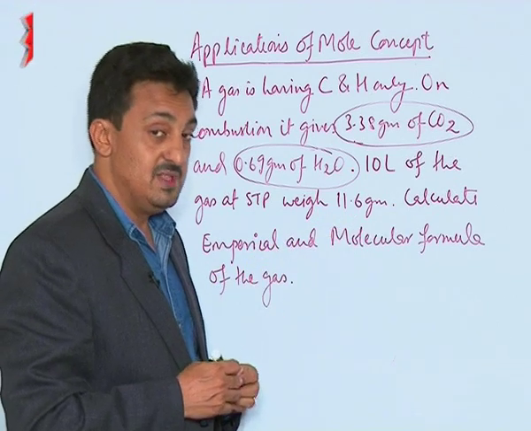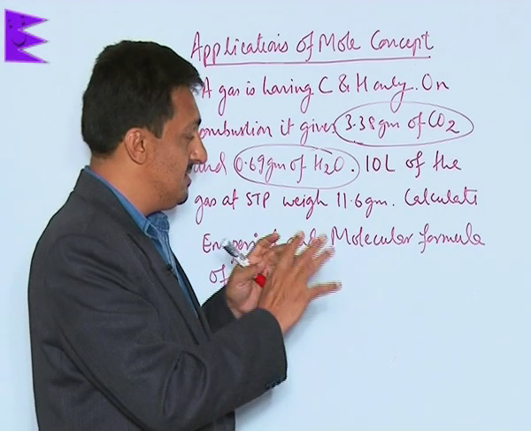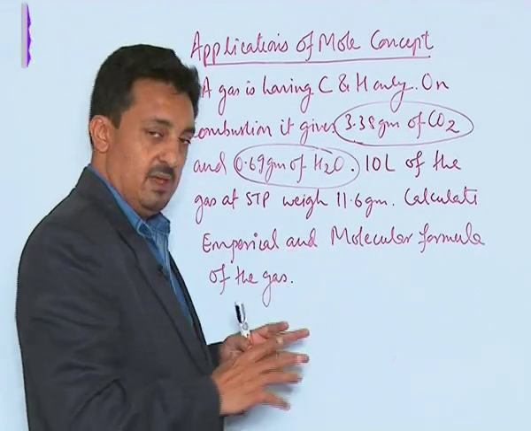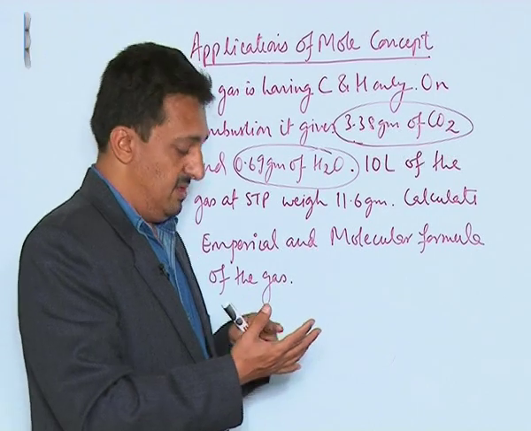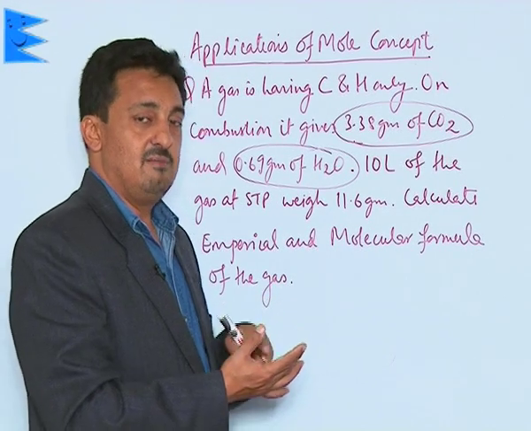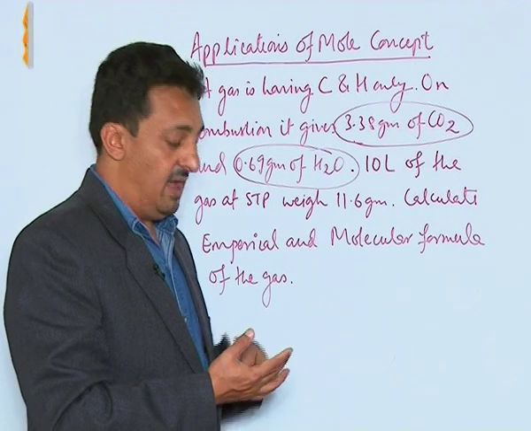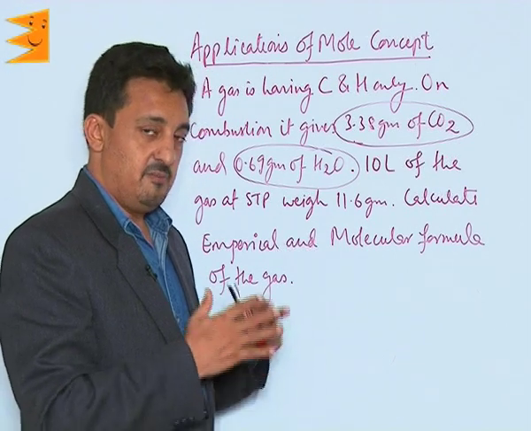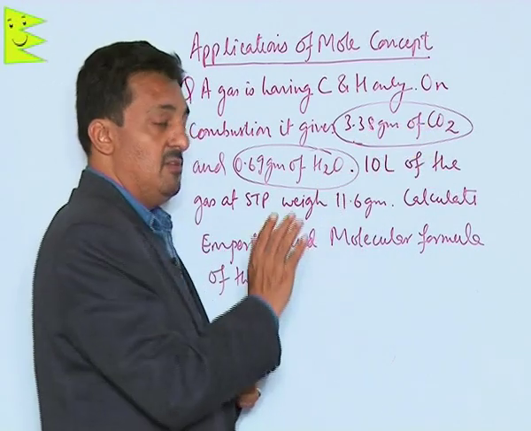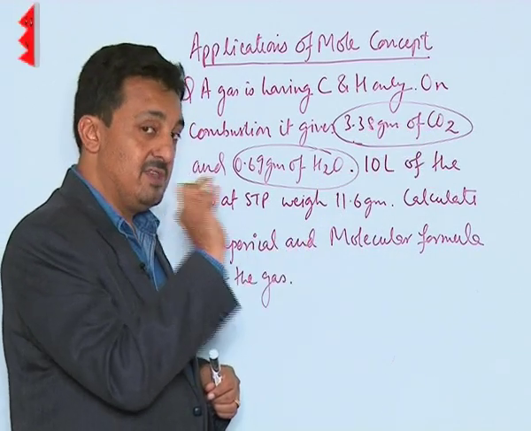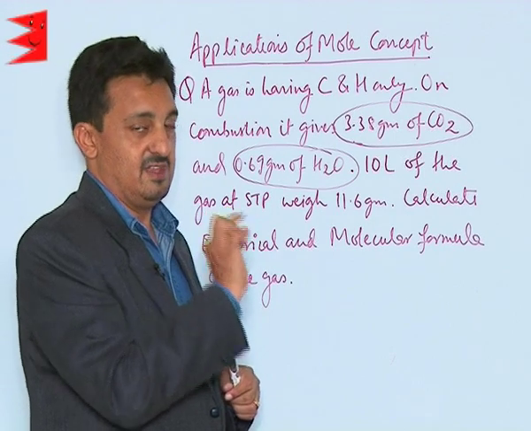So what we have to do in this is, see, everything is given actually in a hidden way. What is hidden is, the mass of the compound is not given, mass of the carbon is not given, mass of the hydrogen is not given, and the molar mass is not given. But first, we will use this information in finding out how much mass of carbon and how much hydrogen is there in the compound.